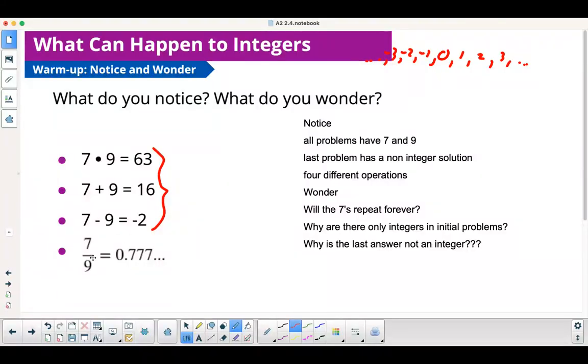And then over here we have integer divided by integer equals non-integer. So addition, subtraction, multiplication have closure for integers. That's what we're going to learn about today.